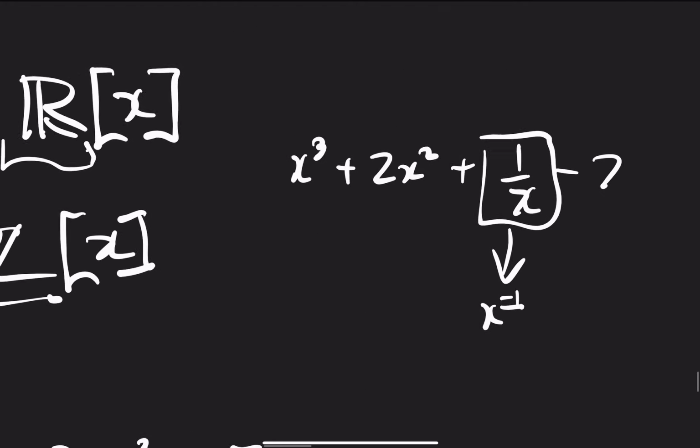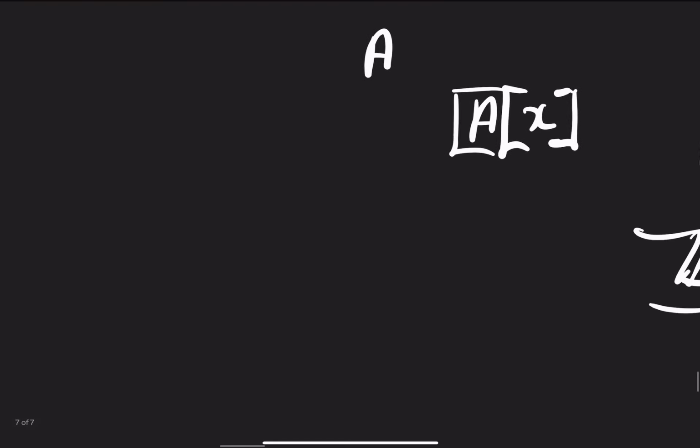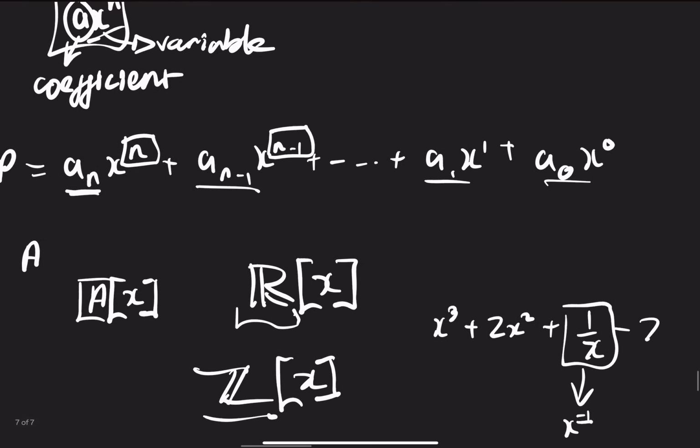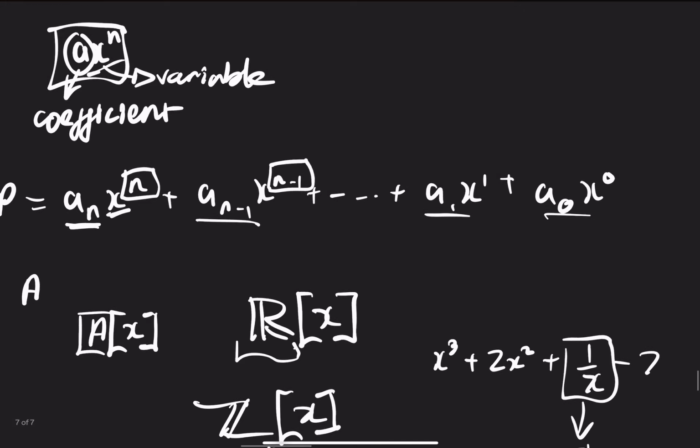So those are the main things that you need to know about polynomials. The variable here doesn't have to be an x, it can be y, z, q, r, or whatever you want. It doesn't matter at all.